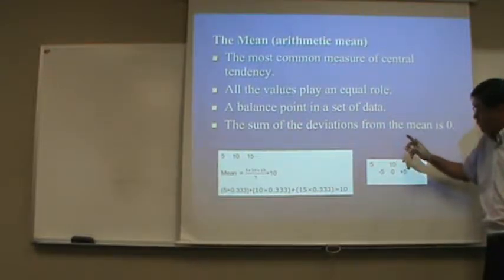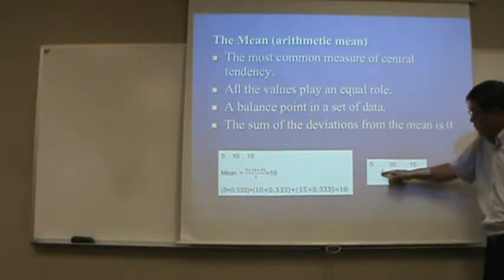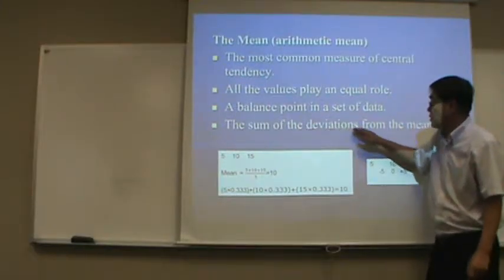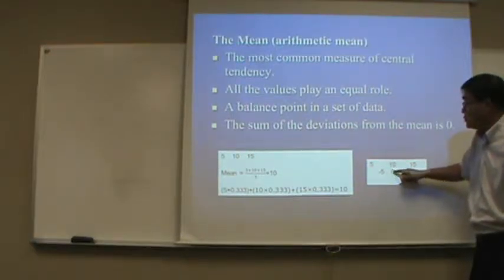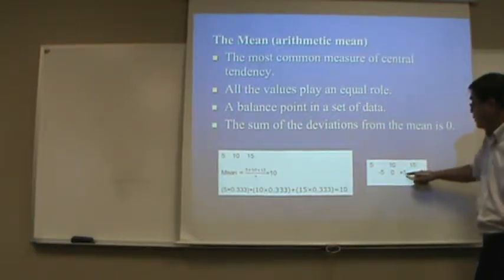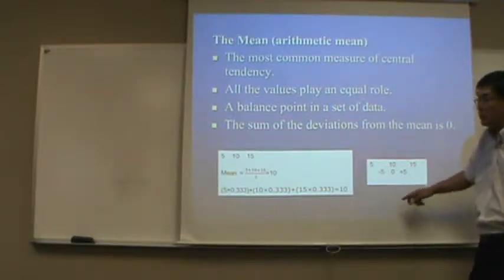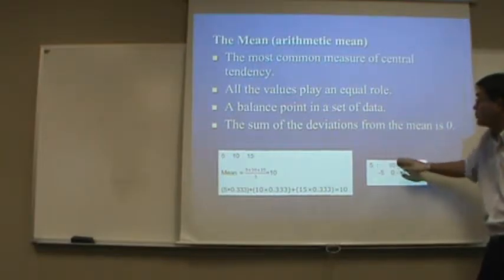The deviation of 10 is 0 because it's the midpoint, the average. So the sum of the deviations, minus 5 plus 0 plus 5, equals 0.